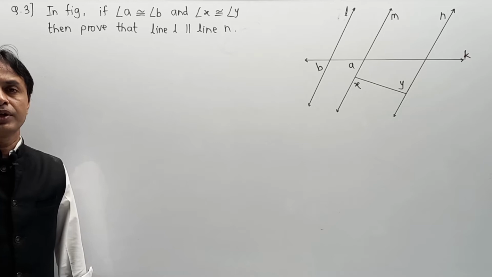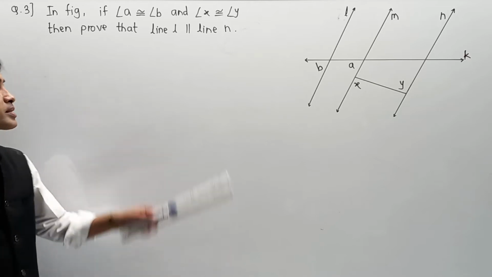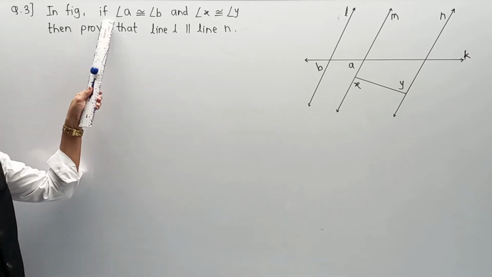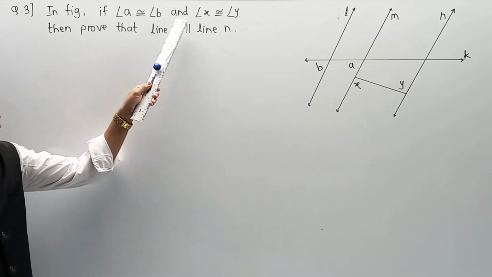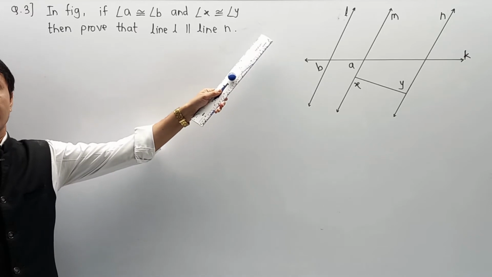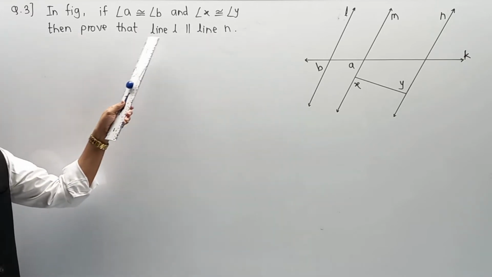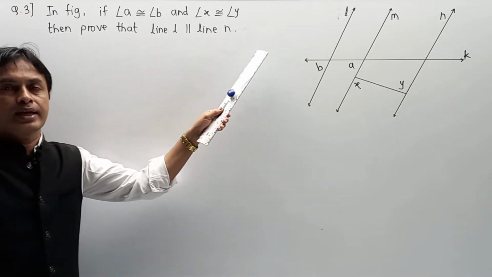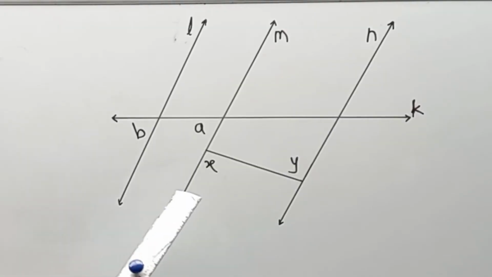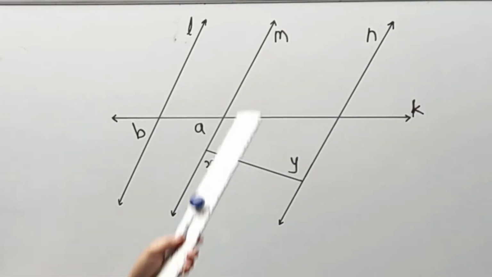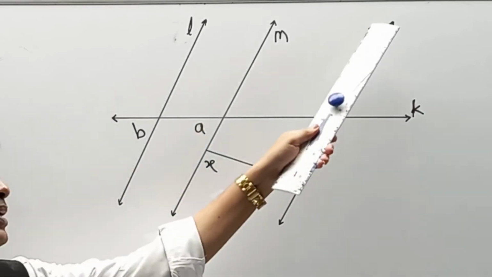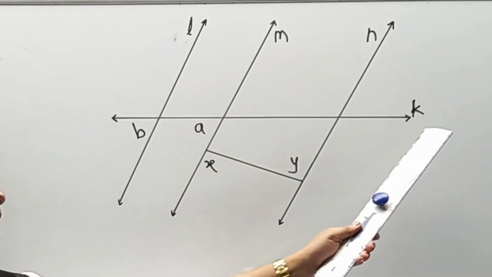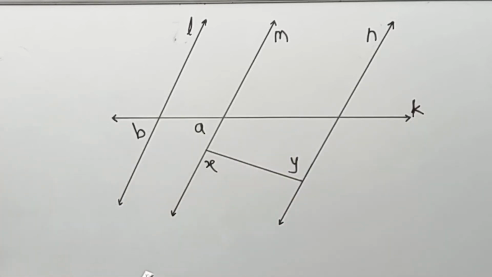Now we are moving to question number 3, and the part is: in the figure, if angle A is congruent to angle B and angle X is congruent to angle Y, then prove that line L is parallel to line N. Now what is exactly given in the diagram? Observe it from the diagram. They have given first line L, second line M and third line N, and K is a line which acts as a transversal over here.